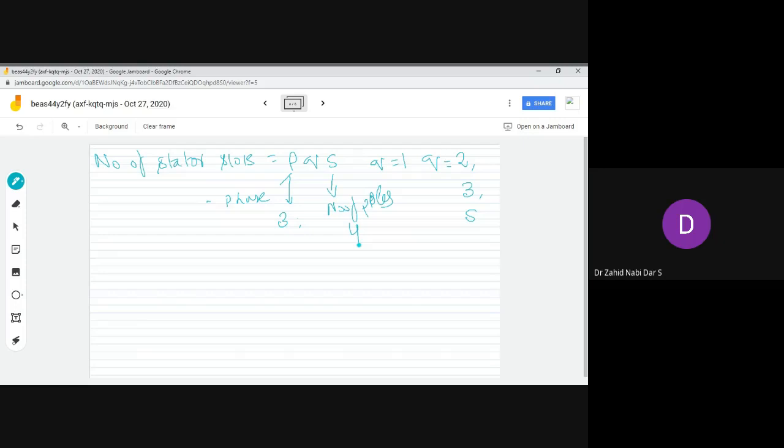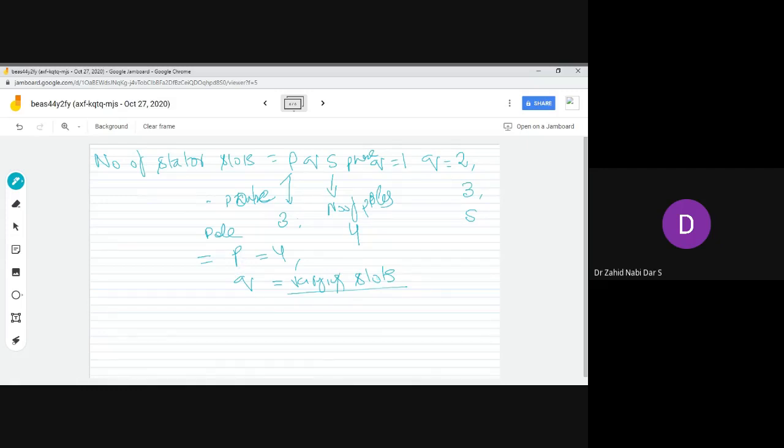Number of poles would be 4, or you can write this as phase and this as pole, one and the same thing. P is equal to pole, so the number of pole is 4. Q value is varying for the slot dimensions, to accommodate the windings in the slot.